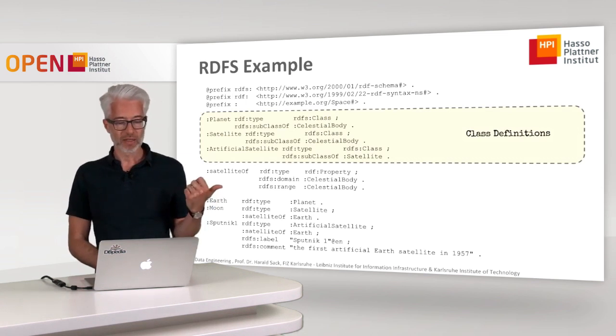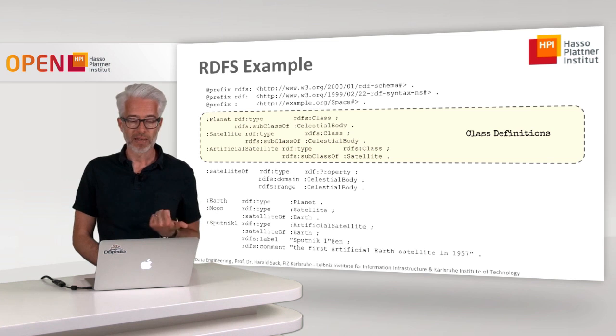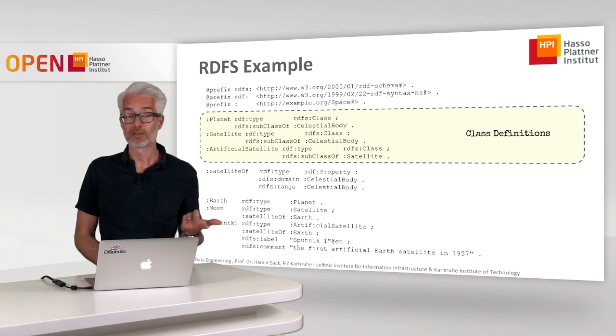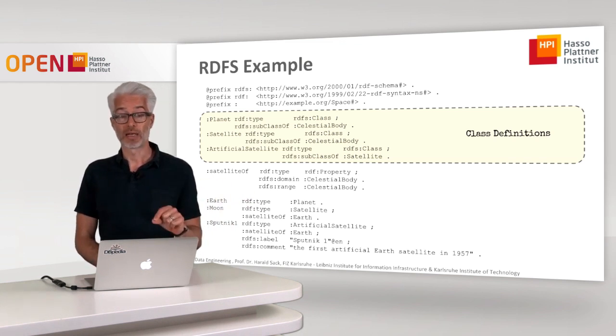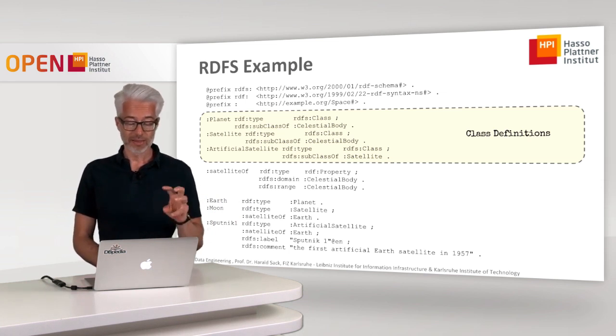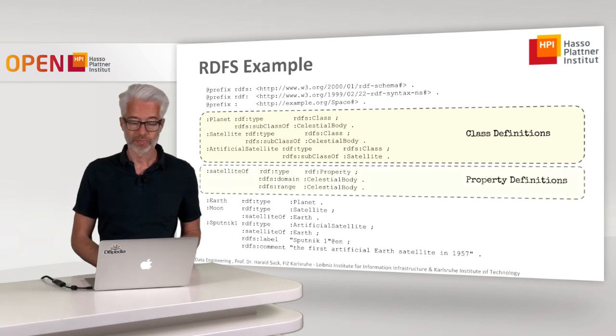We define the class planet, and we say planet is a subclass of celestial body. Then we define the class satellite, and we say satellite is also a subclass of celestial body. And then we define artificial satellite, which is also a class, and this is a subclass of satellite. So it's a specialization of satellite. These are the class definitions.